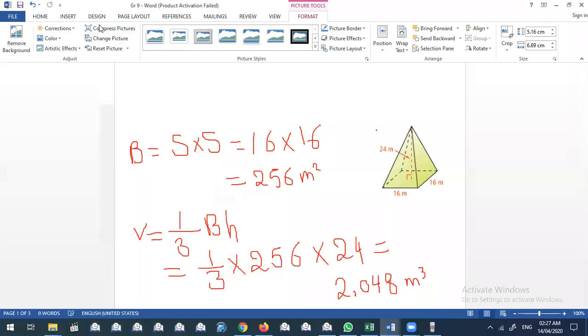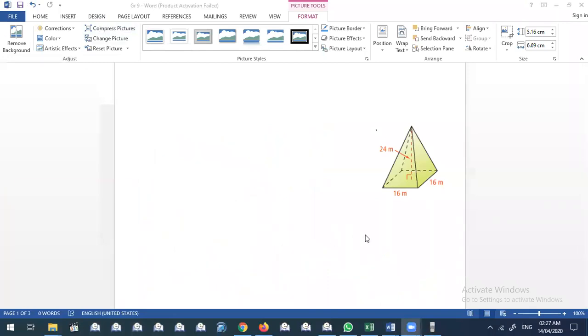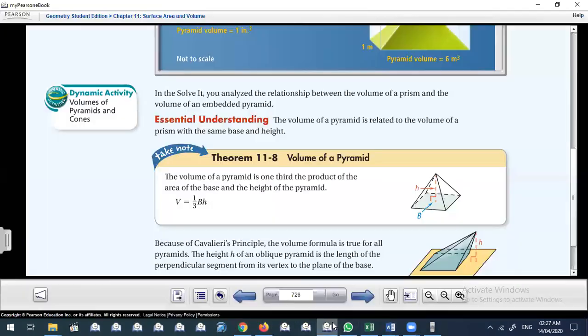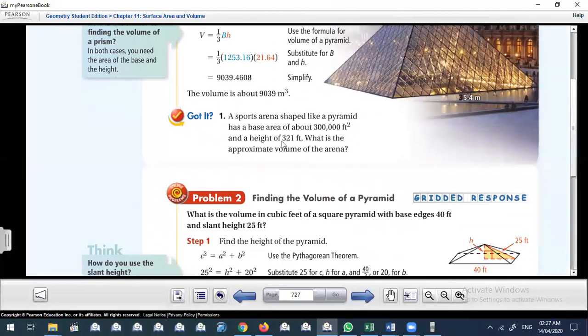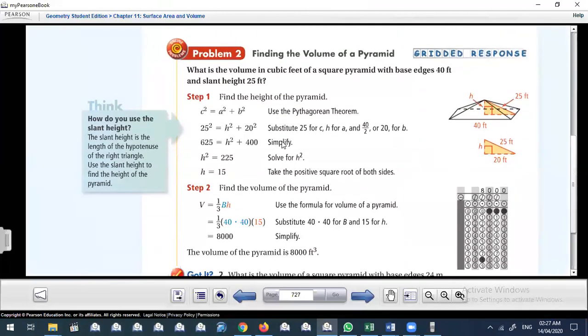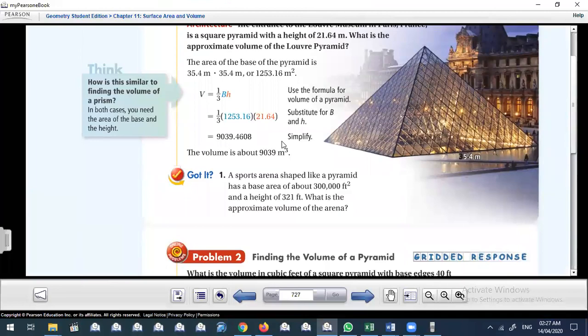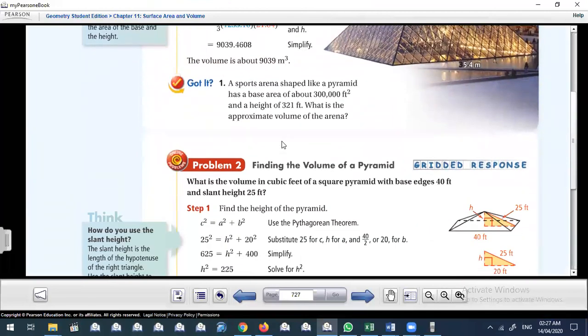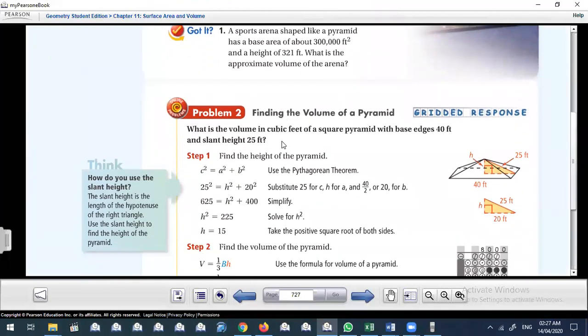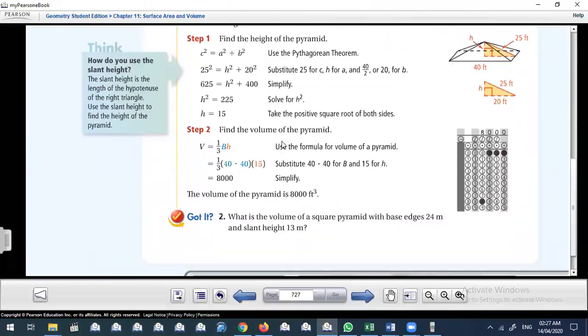Now, let's move to another rule in this lesson. Here, we have something called slant height.